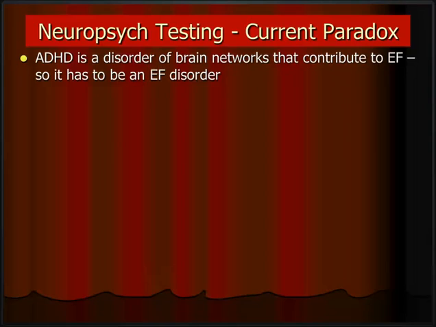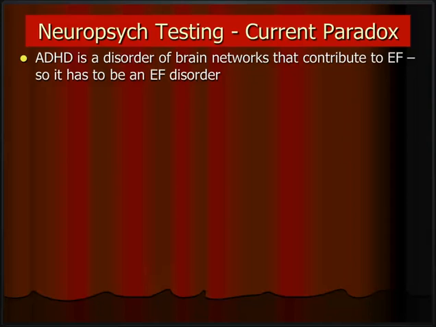So at least based on neuroimaging research, ADHD is an executive function disorder. This might indicate that giving executive function tests ought to be useful for differential diagnosis of ADHD from other disorders. Indeed, many clinicians believe that executive function tests are the gold standard for measuring executive functioning. But unfortunately, this is not the case.